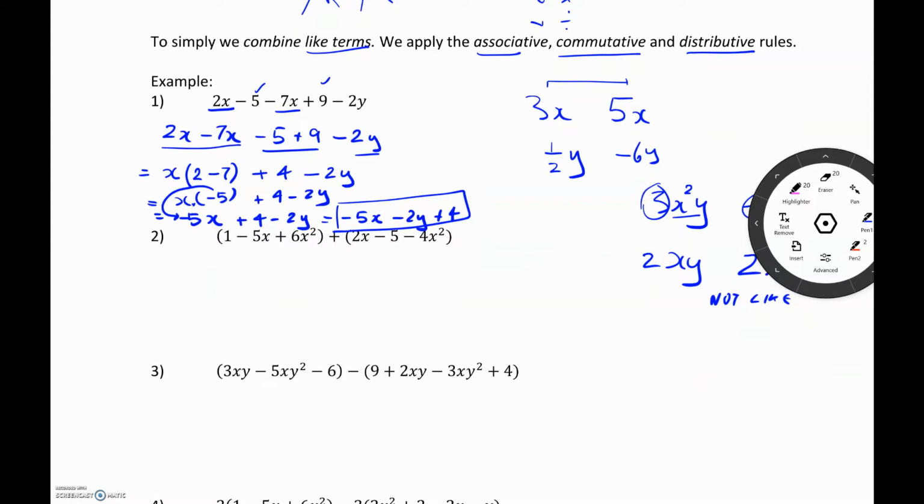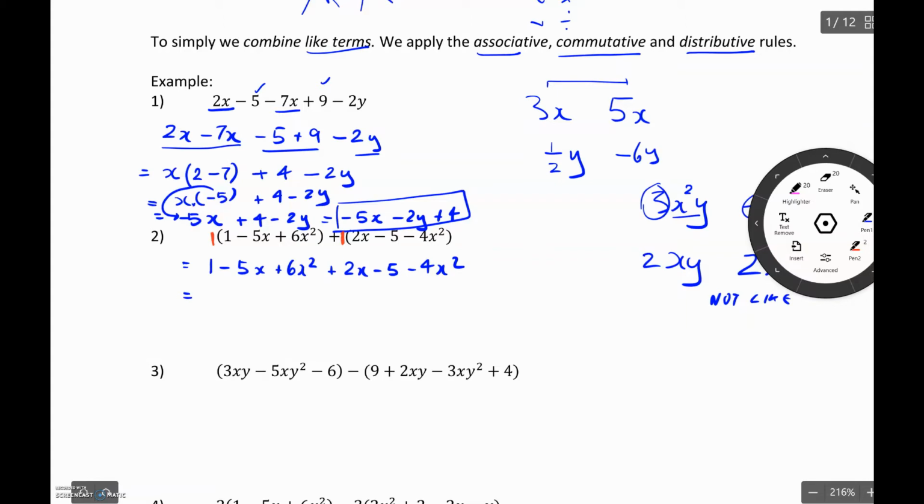Now, just on the outside here is an implied 1, which means I could use the distributive rule. So it's not going to change anything. It's just going to be equal to 1 minus 5x plus 6x squared, and then plus 2x minus 5 minus 4x squared.